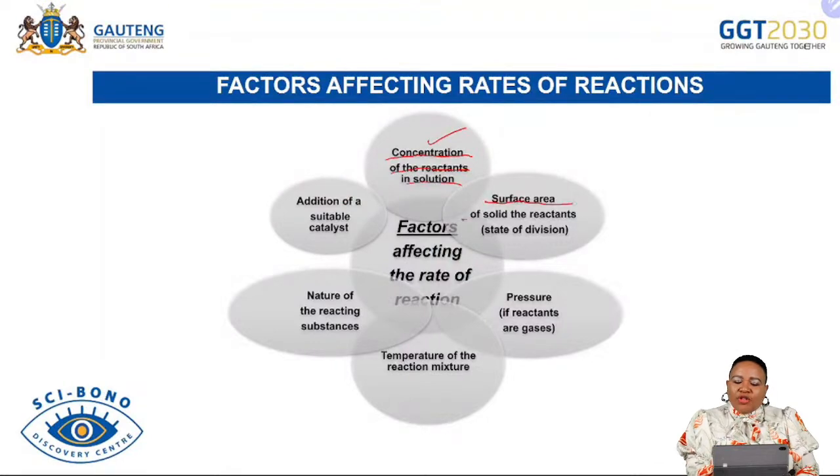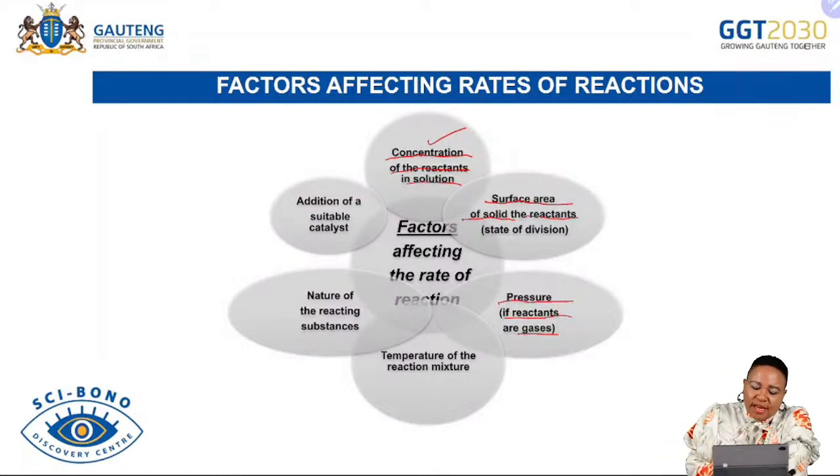Also, the surface area of the solids of reactants, which is the state of division. We know that as we are going to deal with some of the solids that will undergo a chemical change, we'll need to know how the surface area of those solids will affect the rate of reaction, and also the pressure if the reactants are gases. We know that pressure always affects gases. So what will happen to the rate of reaction if there's a change in pressure?